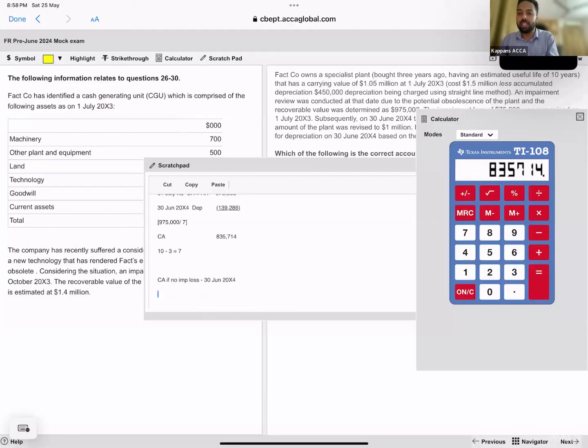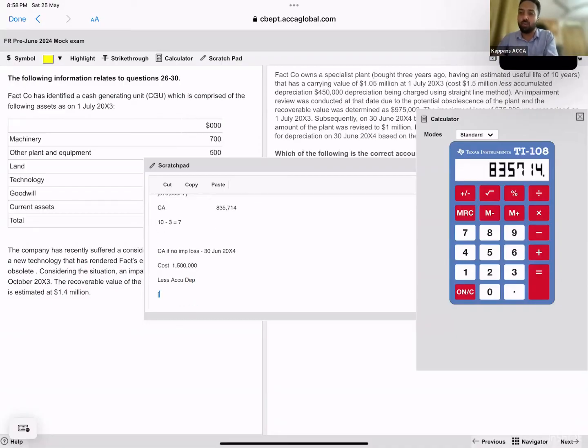So they have given that the cost of the asset is 1.5 million and the asset was bought 3 years ago on July X3. So on 30 June X4 means we have to depreciate the asset for 4 years. So less accumulated depreciation for 4 years.